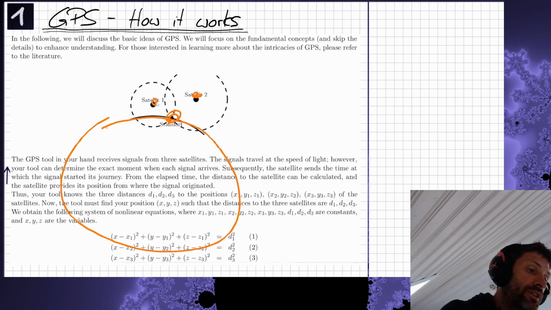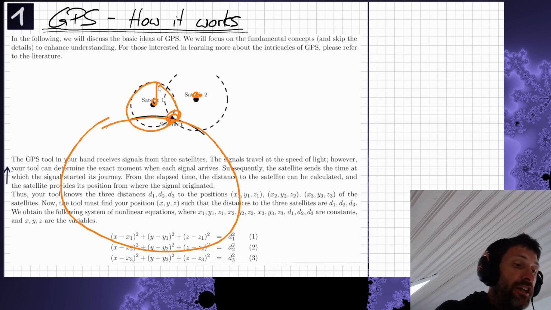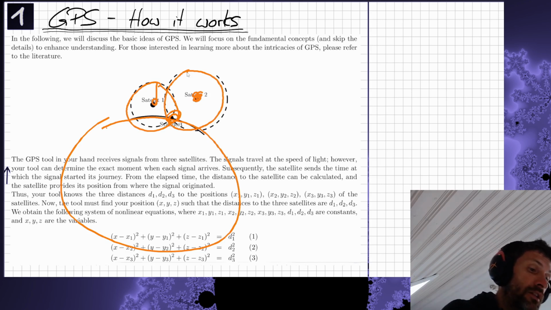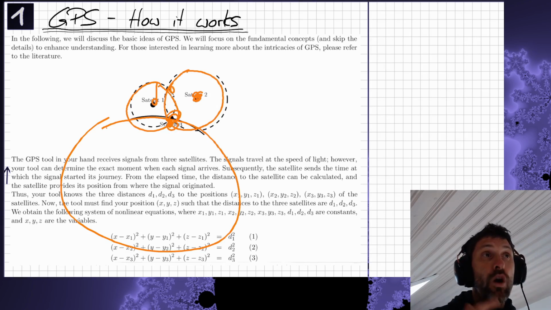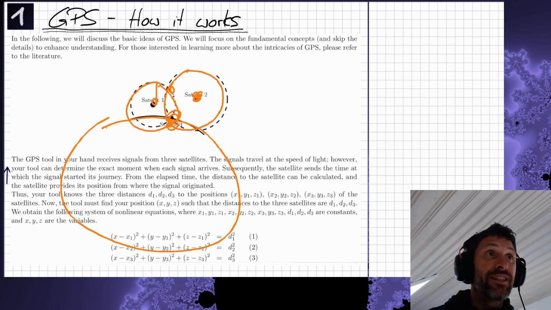And if we know the distance to the satellite is this, then we know we are somewhere on that circle. If we have a second satellite and we know the distance to that satellite, so we know we are somewhere on that circle, and then there are two intersection points, and one of them is our position, the other one is outside in space.